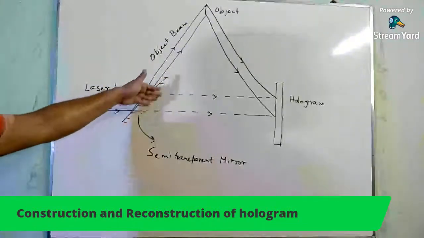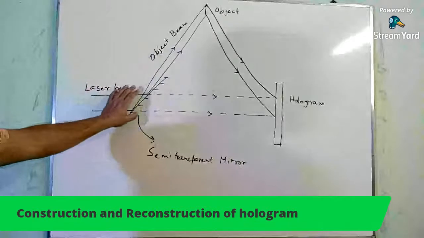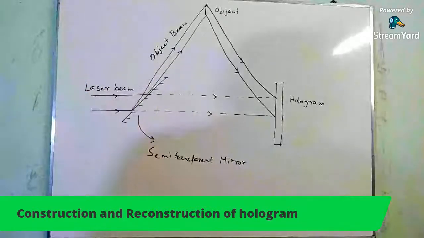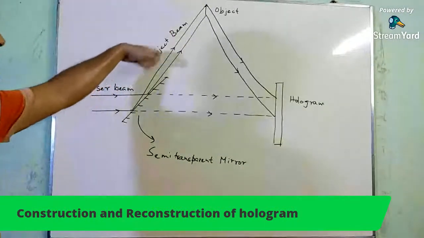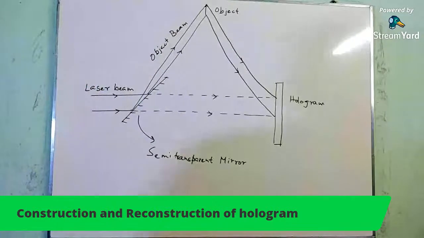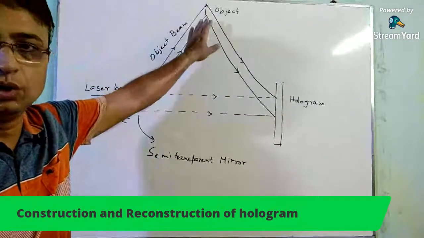This is the semi-transparent mirror. It splits the incident laser beam into two, such that one beam, called the object beam, is scattered by the object to be photographed. So this is the object for which we need the hologram.